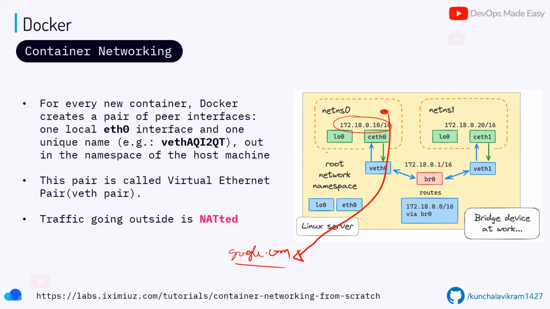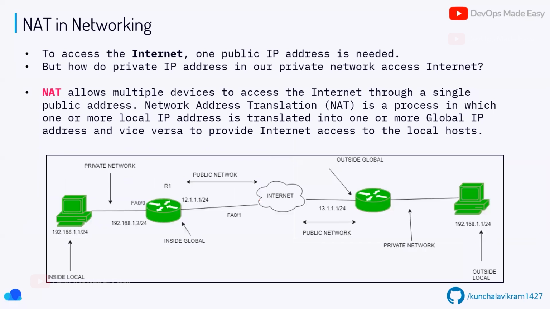Correct. So here, in fact, Docker also uses the concept of NAT. NAT means you convert a private IP address into a public IP address, in order to access the external site. Outbound connections from your containers don't leave with the private IP addresses.